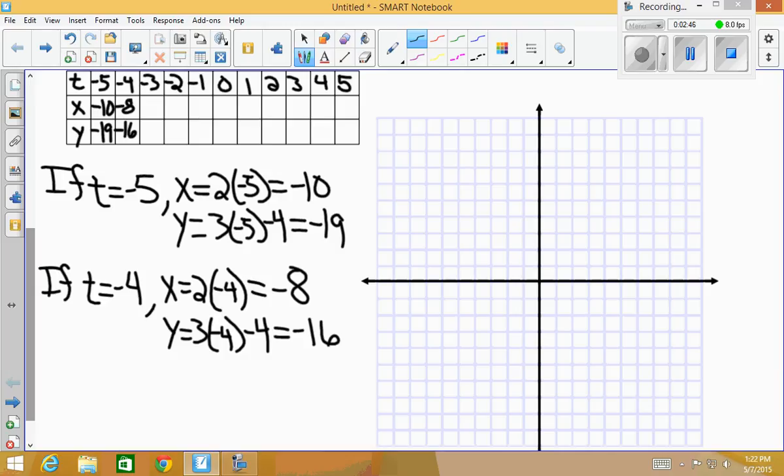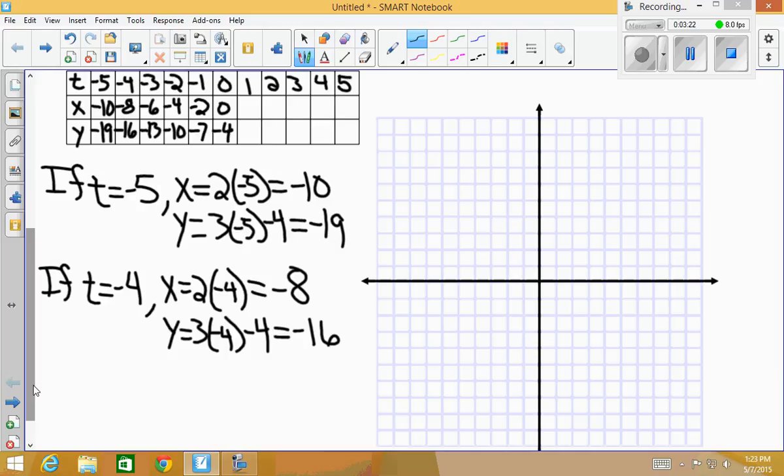So if t is equal to -3, then x is -6. And if t is -3, then y is -13. If t is -2, x is -4, and y is -10. If t is -1, x is -2, and y is -7. If t is 0, x is 0, and y is -4.